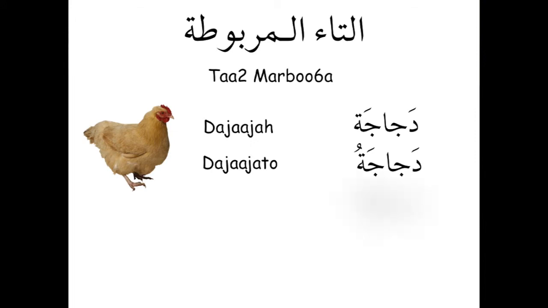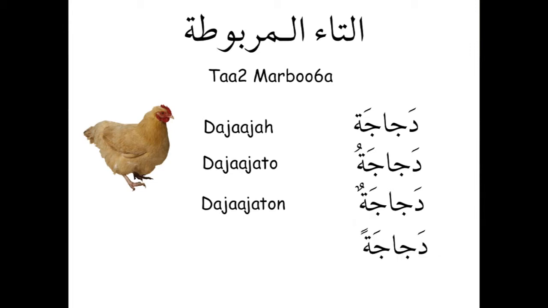With the indefinite article tanween, again da, ja, ja, tun, دجاجة. If we add the indefinite article with a fatha, it would be دجاجة. Notice we didn't add an alif here.